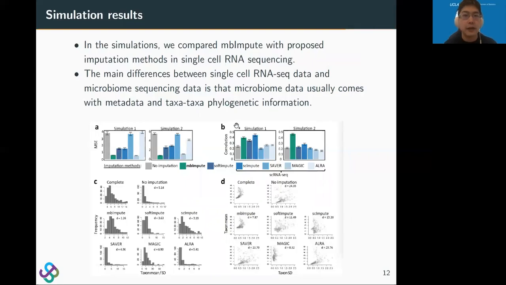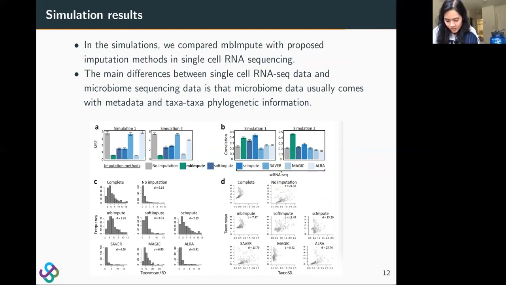In our simulation, we first simulate the complete data, and then we introduce zero inflation based on the real data patterns we observed. Then we perform our imputation method to get the imputed data. So here is the correlation for each taxon between the complete data and the imputed data. I see. Thank you.